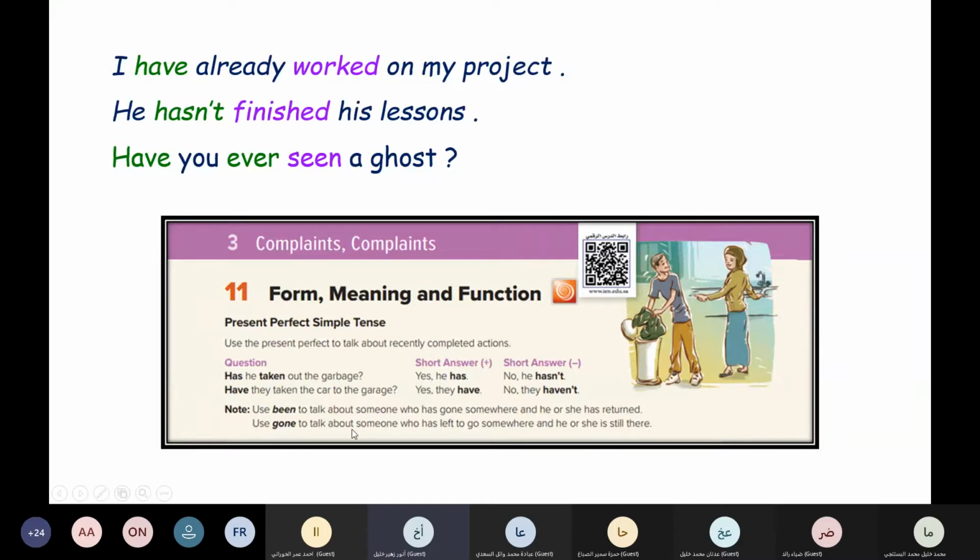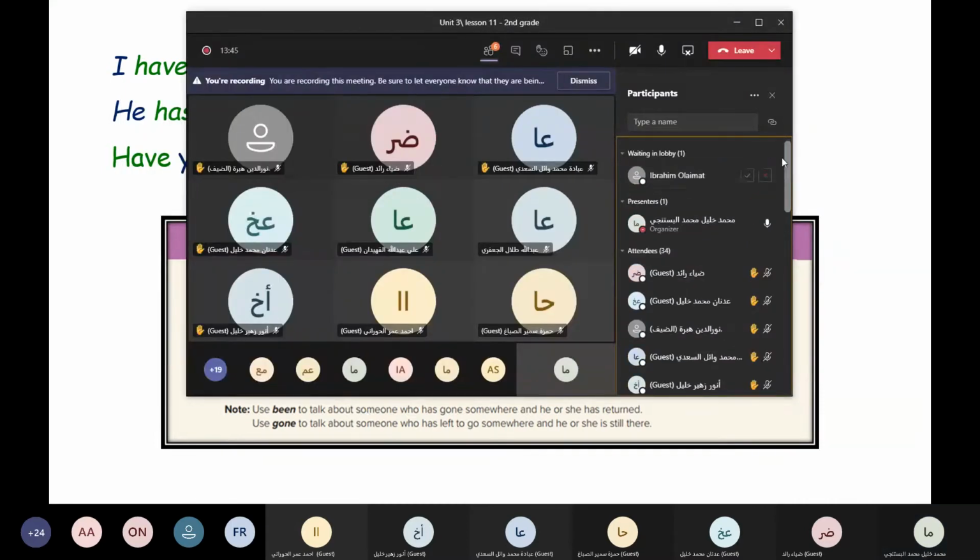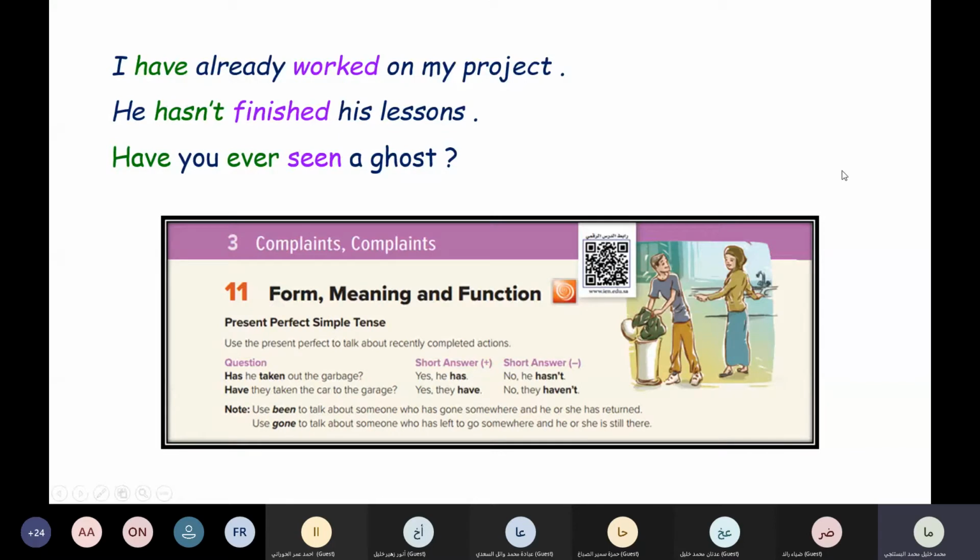Use gone to talk about someone who has left to go somewhere and he or she is still there. Good, thank you. So we use been with have or has to talk about someone who has gone to a place and has returned. And has or have gone to talk about someone who has left and is still there.